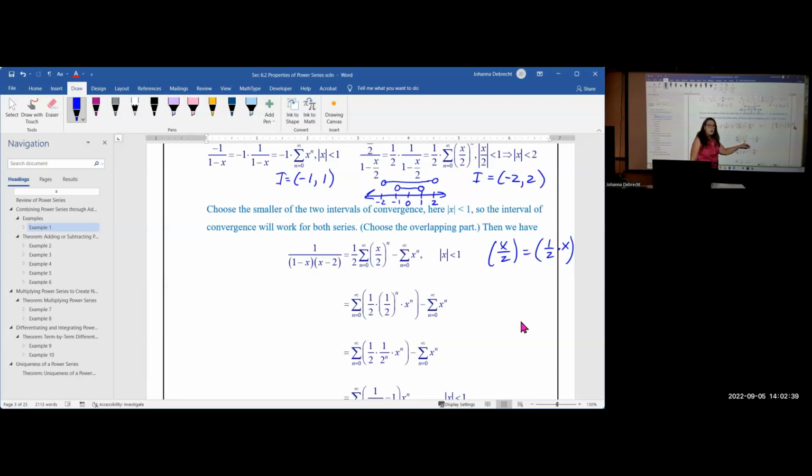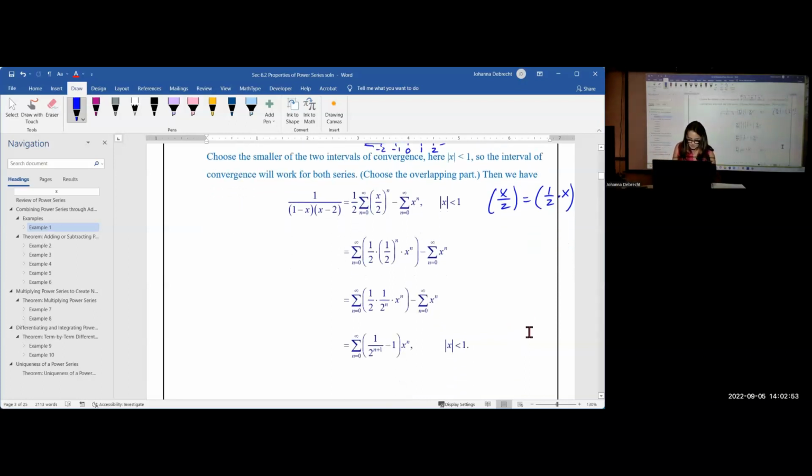That gives me another 1/2 factor, which gives me (1/2)^(n+1), since 1 to a finite power is 1. So let me scroll up so you can see that part. So I ended up with (1/2)^(n+1).